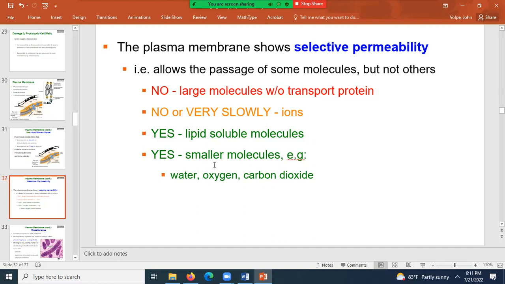Yeah, oxygen is attracted to oxygen, so that'd be a non-polar molecule. Anyways, oxygen can move right through the lipid bilayer. Carbon dioxide, the same thing. Carbon dioxide is made inside the cell, so there will be higher carbon dioxide inside the cell. And by diffusion, carbon dioxide will then move right through the cell membrane and out of the cell.